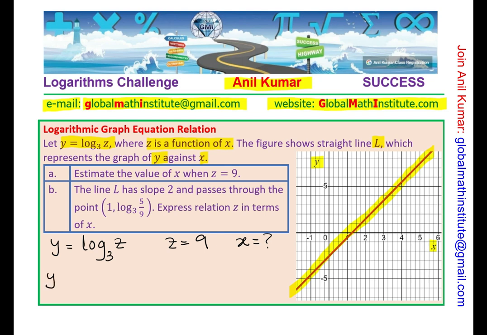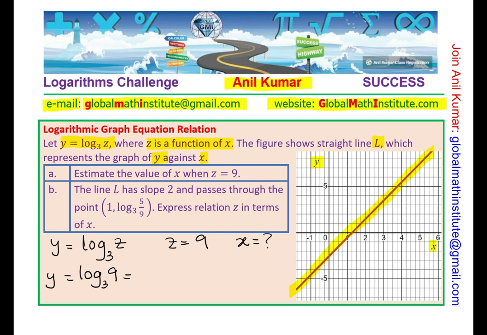So you can write z as 9. So we get log 3 of 9, which you know is 2. So we get the value of y as 2. Now, how do I find the value of x? That is the tricky part. But at least we know y is 2. So this is the y value of 2.